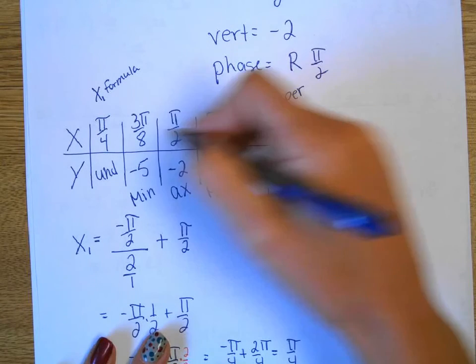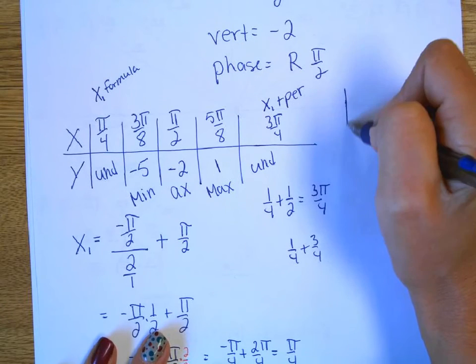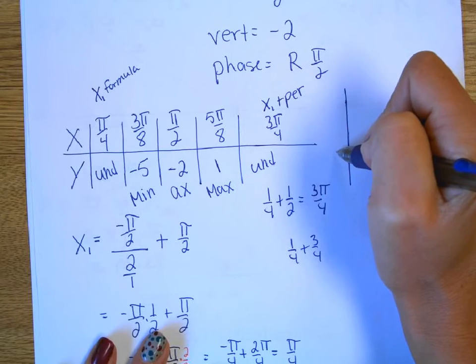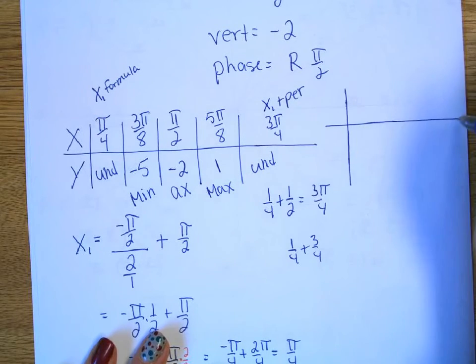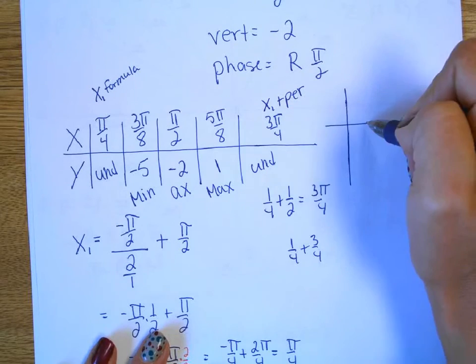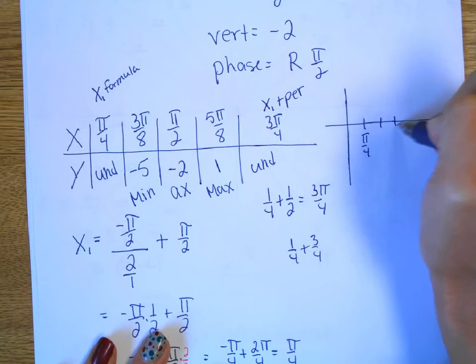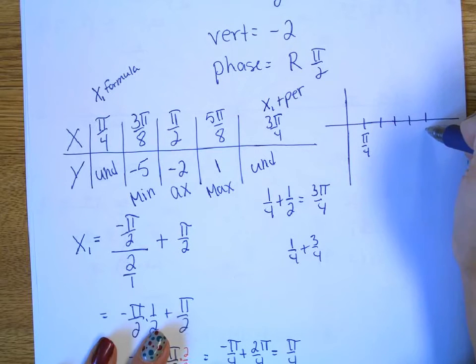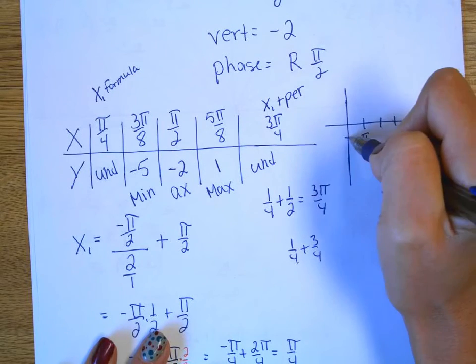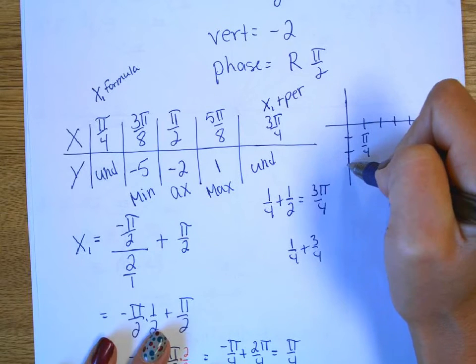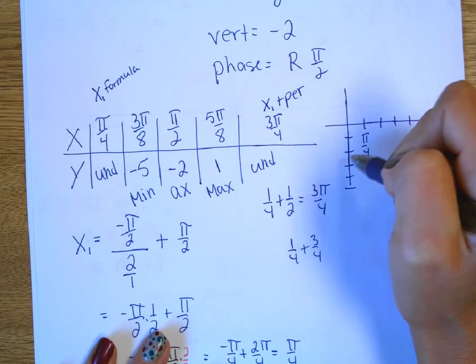It's all positive, so I'll make it small here. They're all positive x's: pi over 4, 3 pi over 4. My axis is down at -2, and I got to go down to -5.